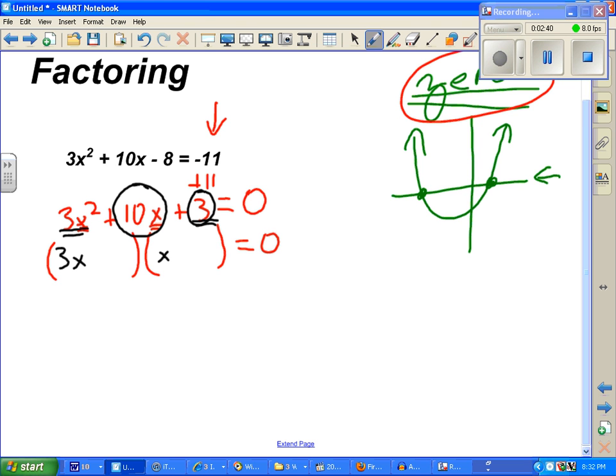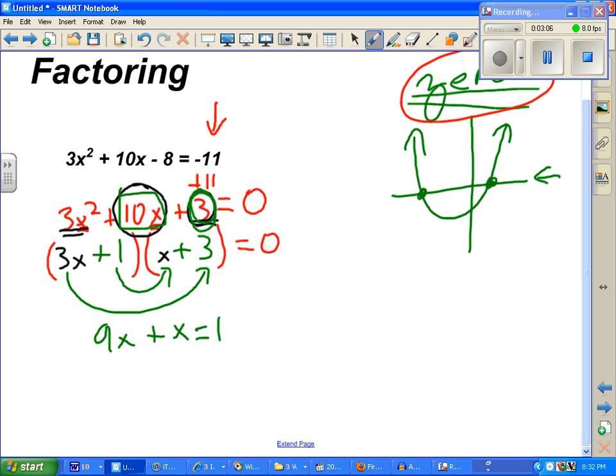Now, when I multiply those up, let me use green here. When I multiply those up, they add to 10x when I FOIL. Well, I'm going to set it up like this, plus 3 plus 1, because when I multiply 3x and 3, I'm going to get 9x. And when I multiply 1 and x, I'm going to get an x.